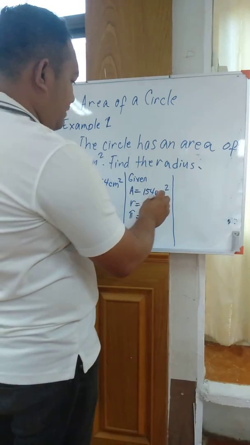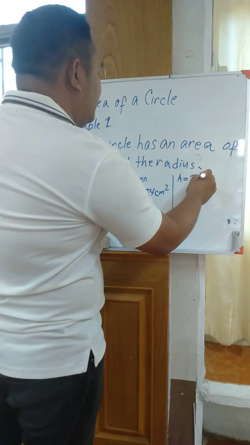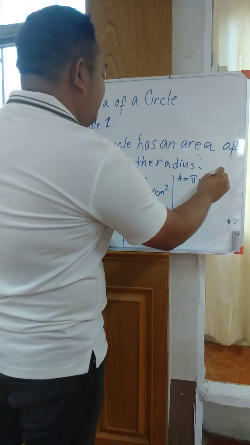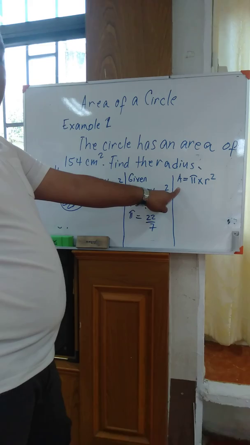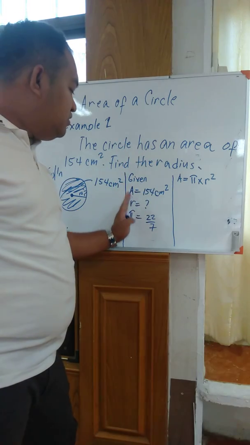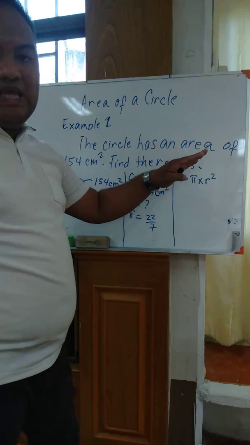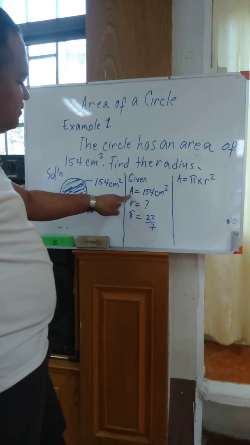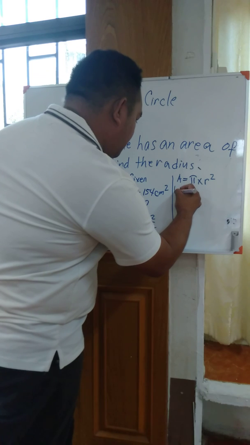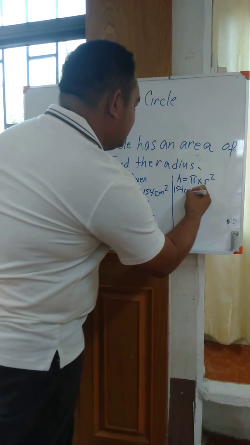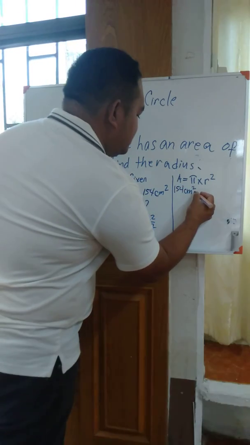You can now use the formula A is equal to pi times r to the power of 2. Since we are given the area, you can now substitute all these givens into our formula in order to solve for what is missing. Since we are given A, 154 centimeters squared, you can substitute 154 centimeters squared as the area, equal to pi.